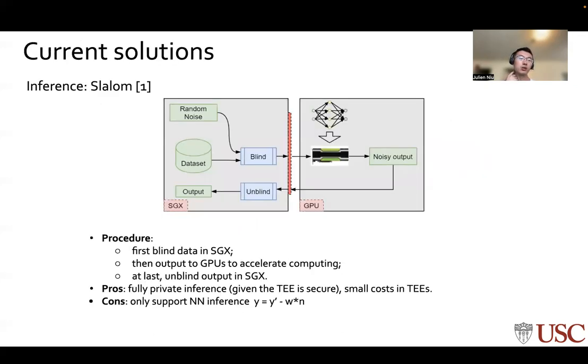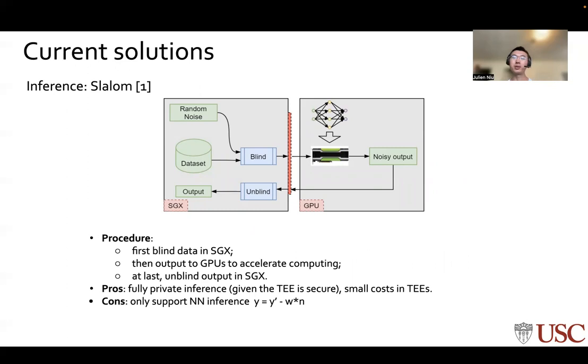Let me provide a little more context in terms of privacy preserving model inference and training. For private model inference, we have a very famous algorithm called Slalom. The basic idea in Slalom is that the TEE adds noise to the original data and sends the noisy data to the GPUs.